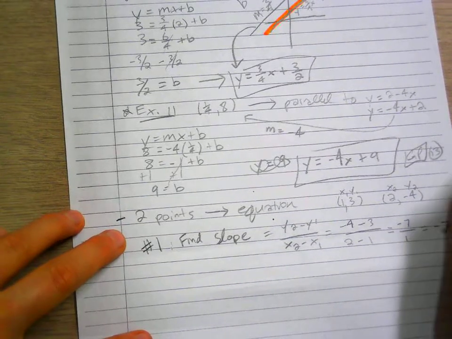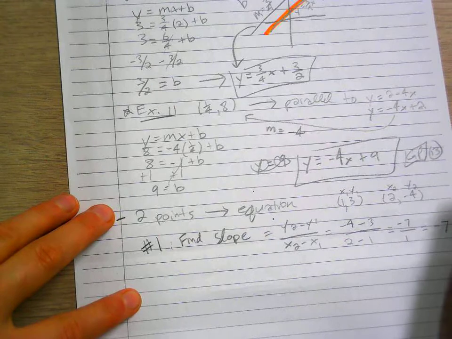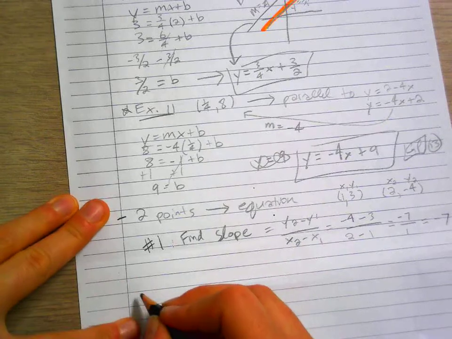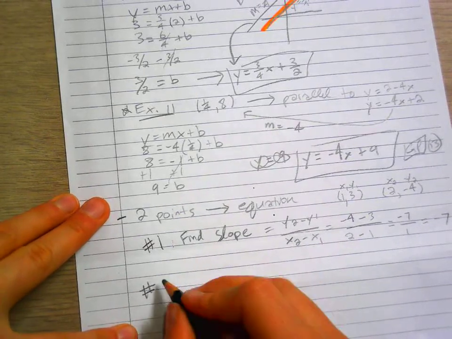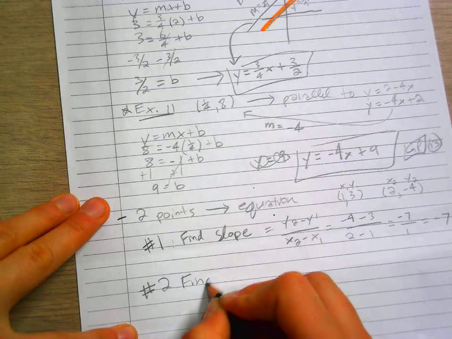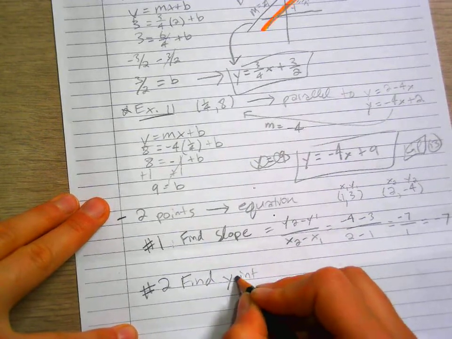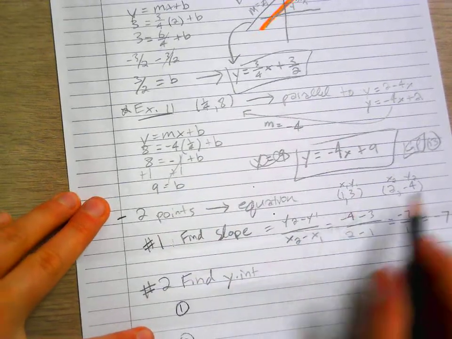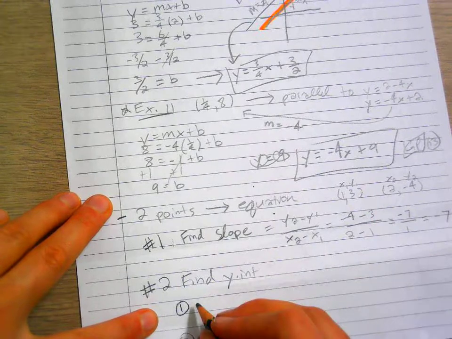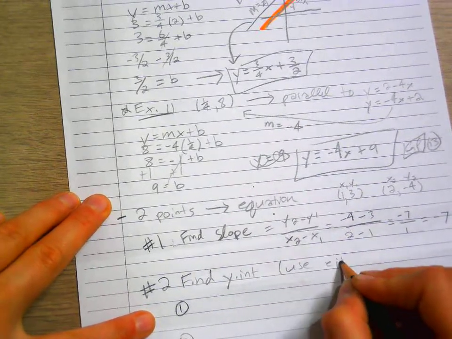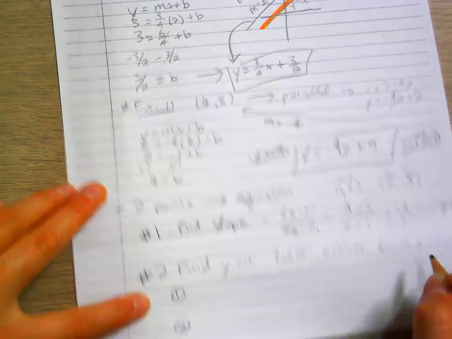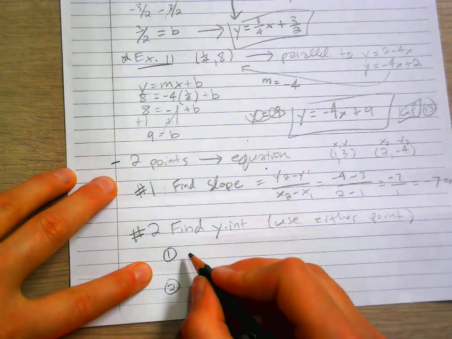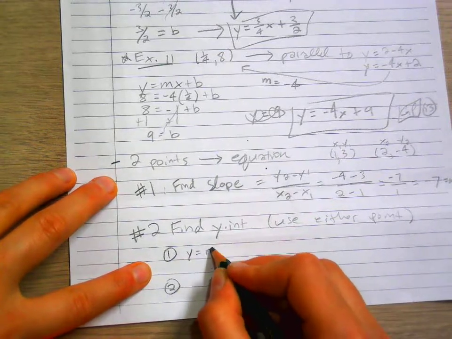Now, once we have slope, we have m, we have 2 points. So we could do it using either point, actually. So number 2, you're going to find the y-intercept. You can use either one of these points. So the first time I'm going to use this point. If we're using this point, our y equals mx plus b.